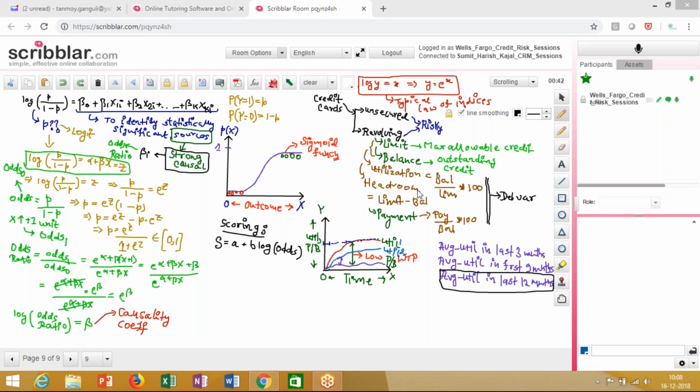He says that if independent variables increase or decrease, dependent variables will increase or decrease. So that's true for any kind of equation, right? That's what any kind of equation talks about. So if I write, say, S equals B square log odds, then the same thing happens. So what is so unique about this linear relationship?